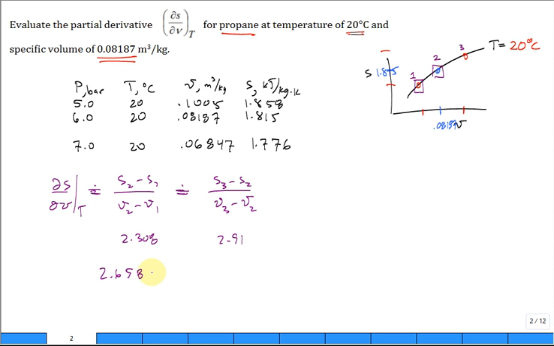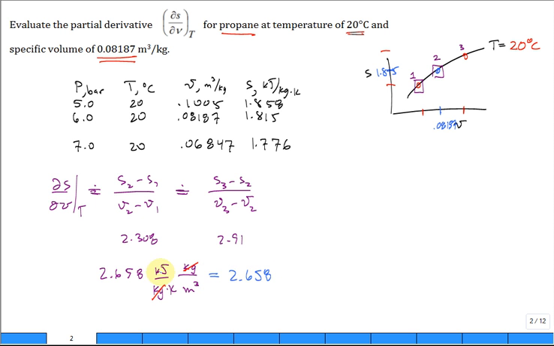Well, it's the units of the change in entropy, kilojoules per kilogram Kelvin, per the change in specific volume, meters cubed per kilogram. So it does reduce a little bit. So you have kilojoules per Kelvin meter cubed. You can even reduce those units even further, true, 2.658.